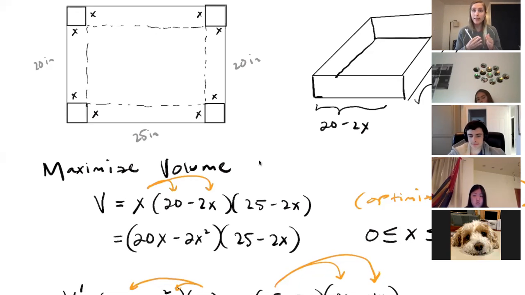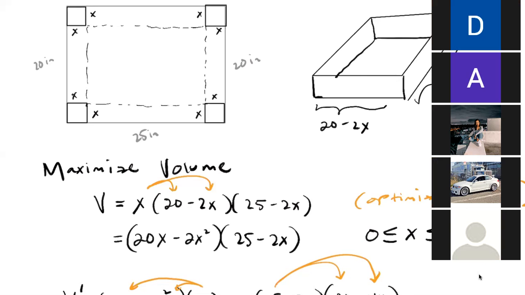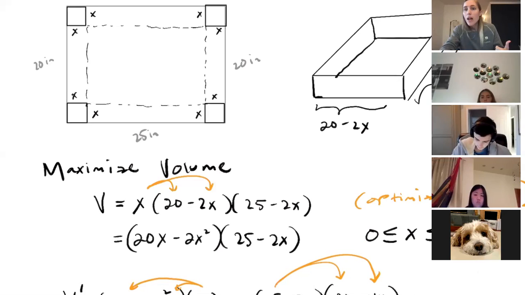X represents how far you're cutting in on each side into the piece of tin. 10. Who said 10? Drew? Yeah. And Drew, how did you come up with 10?